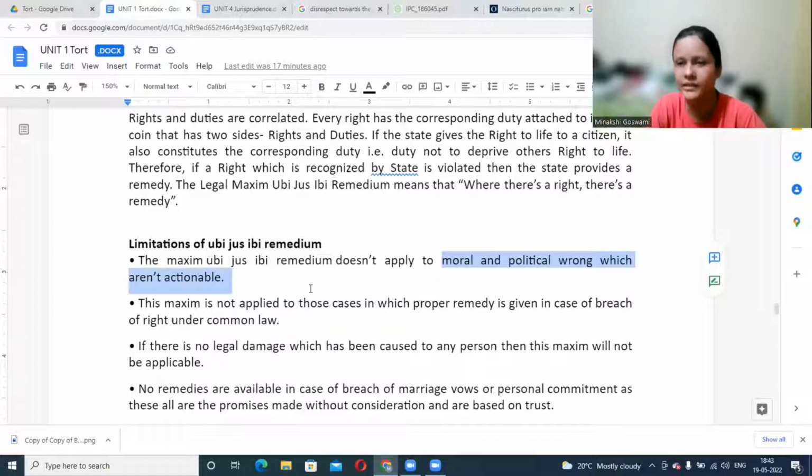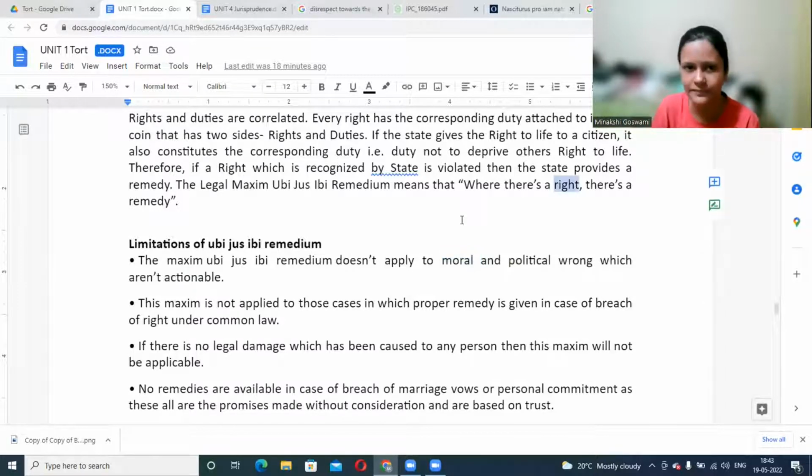Like if a person is the owner of a big bakery shop with a lot of pastries, cookies and so on, and a beggar comes to him saying, I don't have money, but please give me something to eat, I'm very hungry, it is only a moral duty of that person to offer food for free. He does not have a legal duty. If he says no, I can't provide you anything for free, the person will not get a remedy. So it applies to legal rights only.